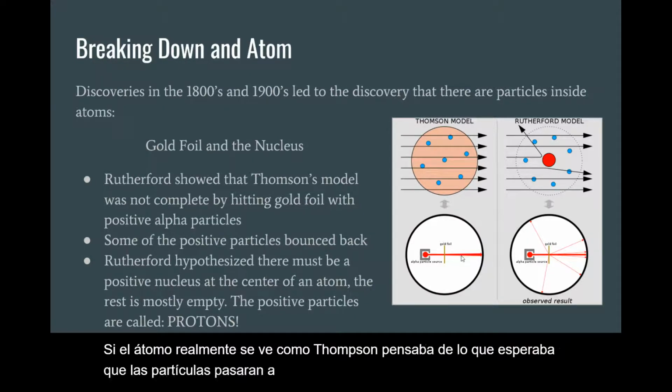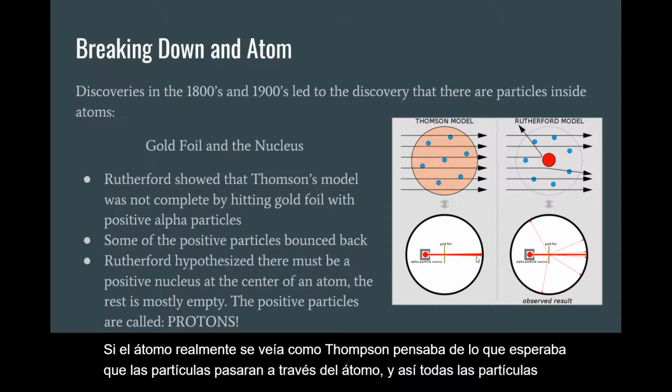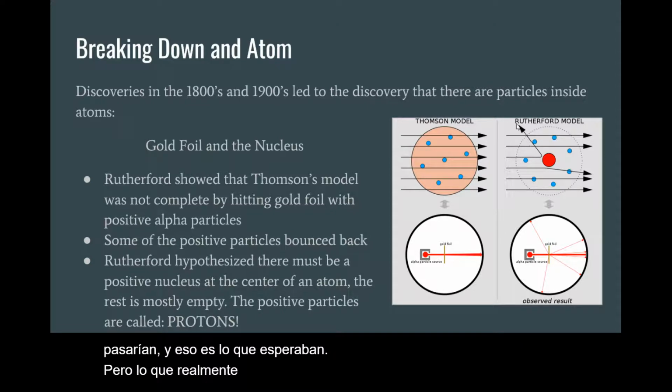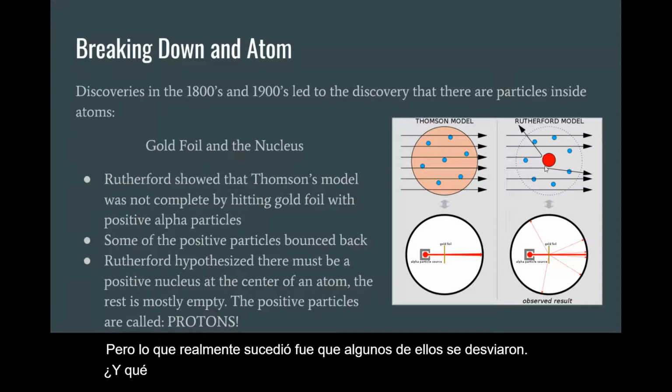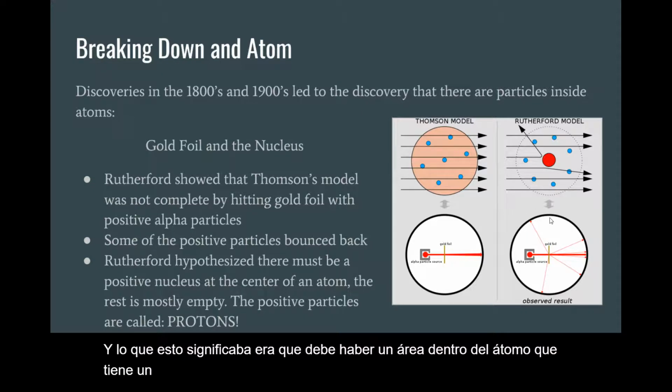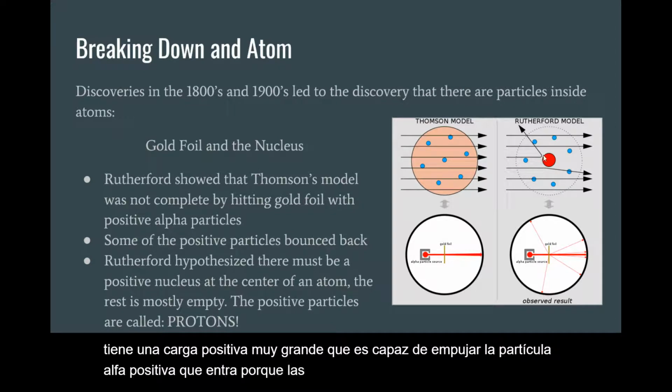So all of the particles would go through, and that's what they expected. But what actually happened was some of them got deflected. What this meant was that there must be an area inside the atom that has a really large positive charge, that it's able to push away the positive alpha particle coming in, because like charges repel each other. That means to push away from each other.